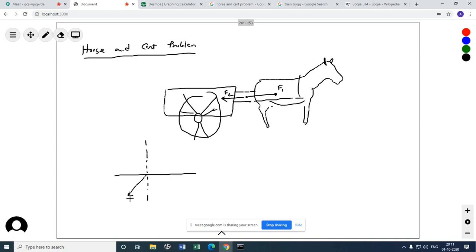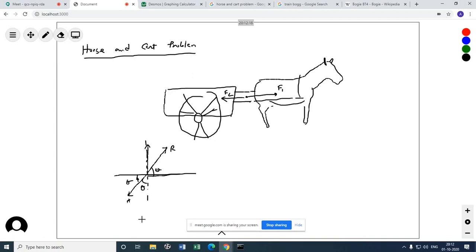So this is the action force, and this is the reaction force. This reaction force, you can break it into two components. If this is theta, which one will be theta? This would be theta, right? But we are not going to take this angle.